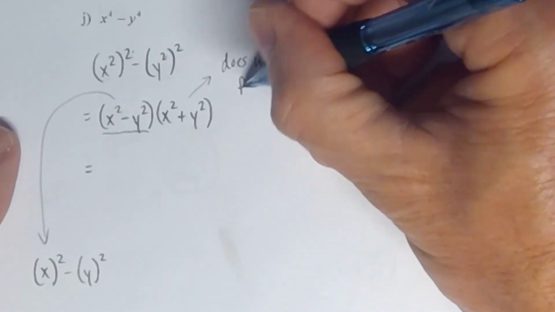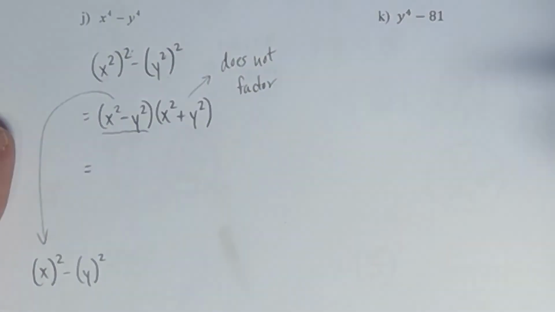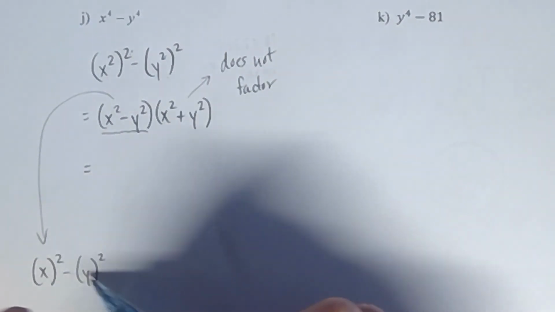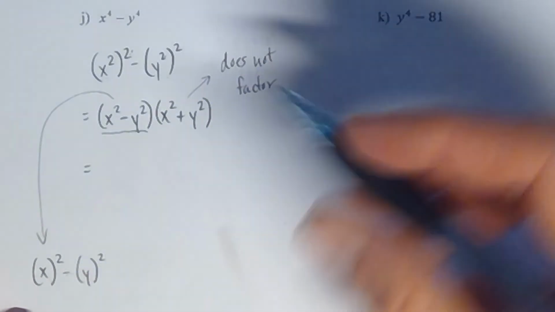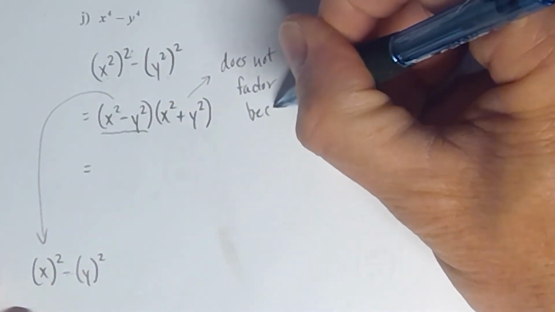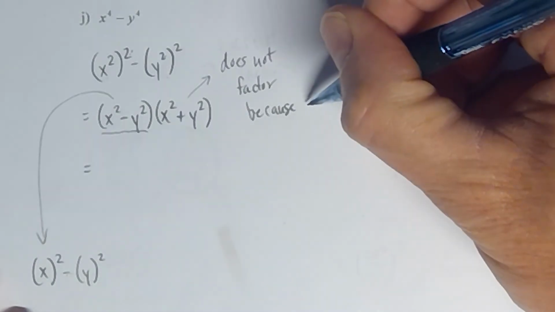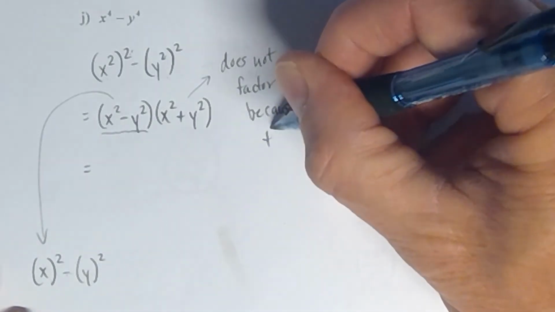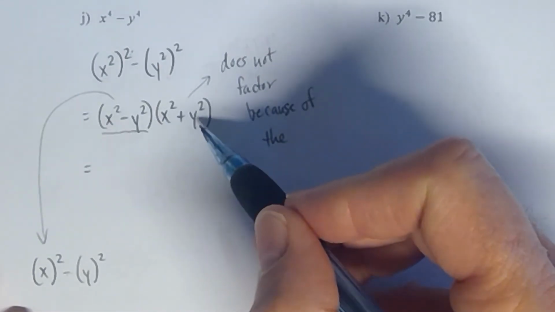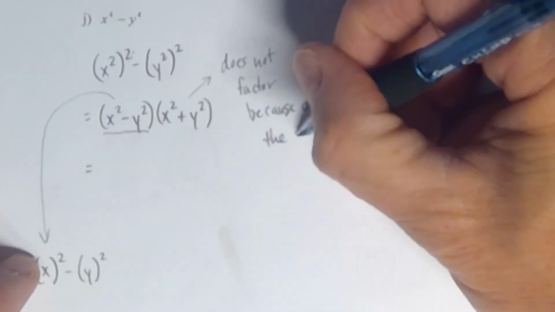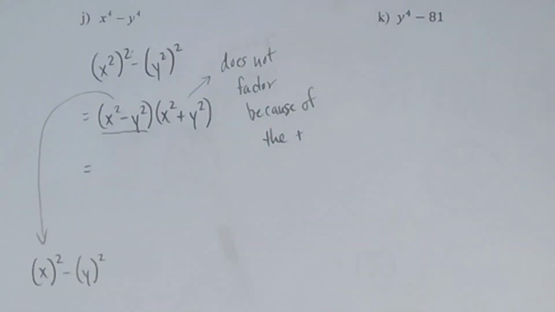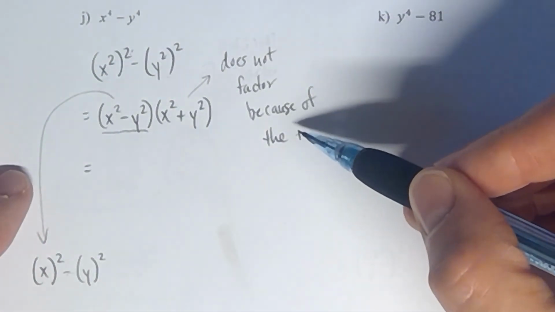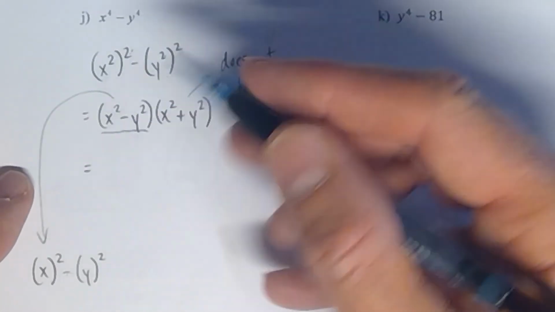It's because of the plus. Notice in that formula that we've been talking about for this thing down here, it's always minus in the middle. When you have something squared plus something squared, there's no formula for that. You can't break that down into two brackets. You cannot do it. So please make a note of that. But this one can be broken down.